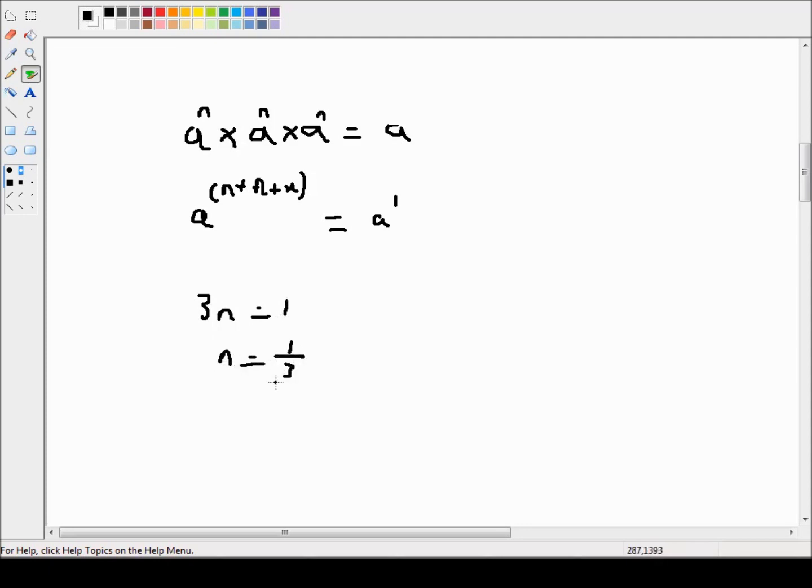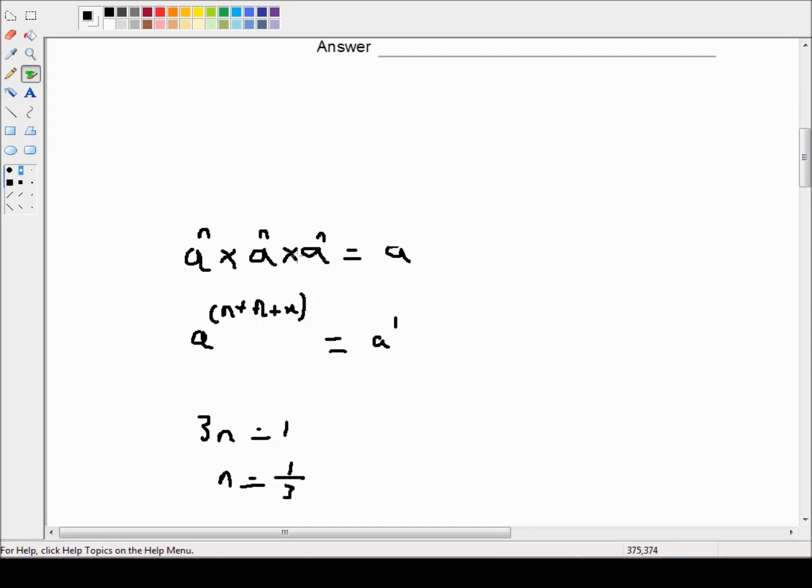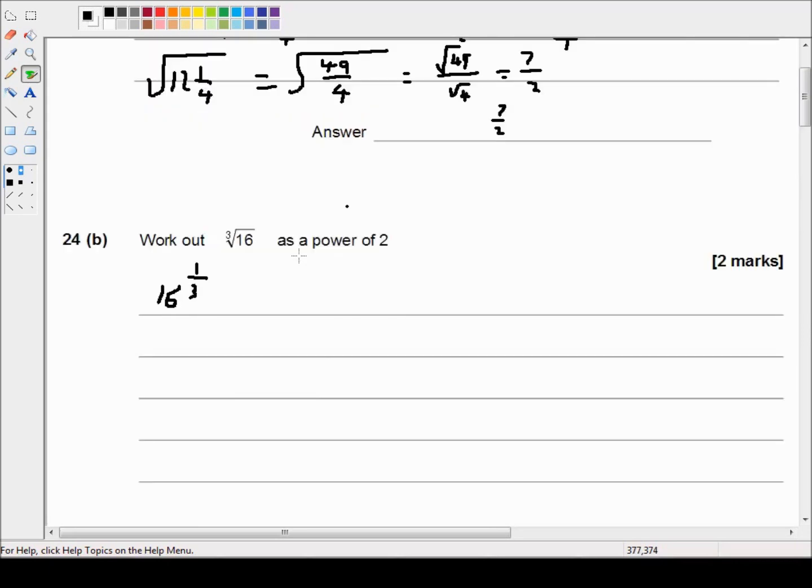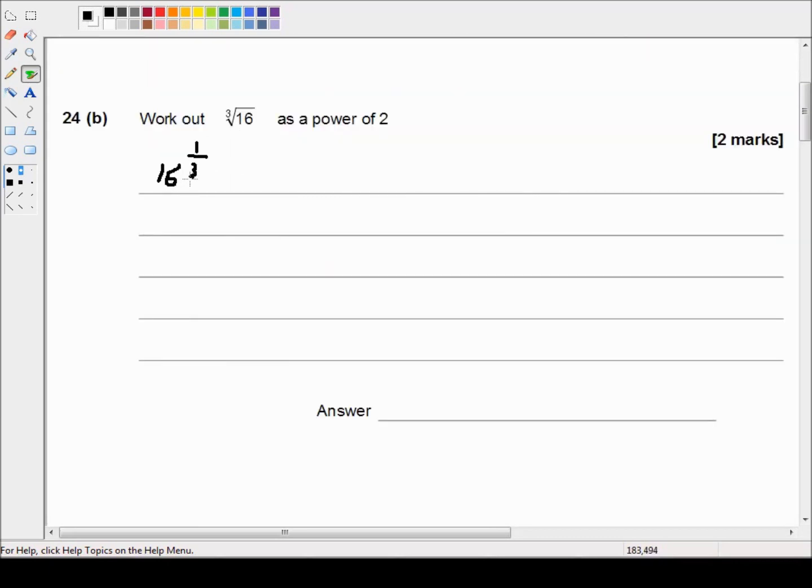So if n is 1 over 3, then that's the cube root. So a to the power 1 over 3 is the cube root of a. So the cube root of 16 is 16 to the power 1 over 3. But we want this as a power of 2, not a power of 16.